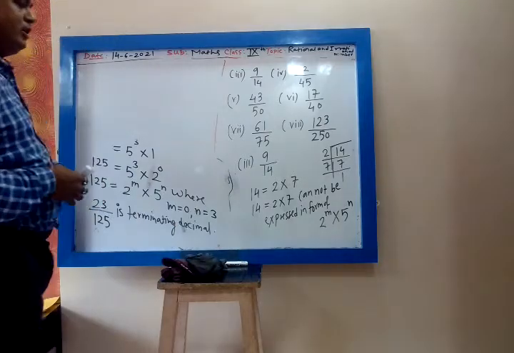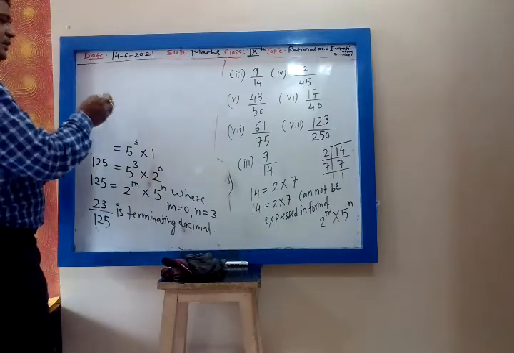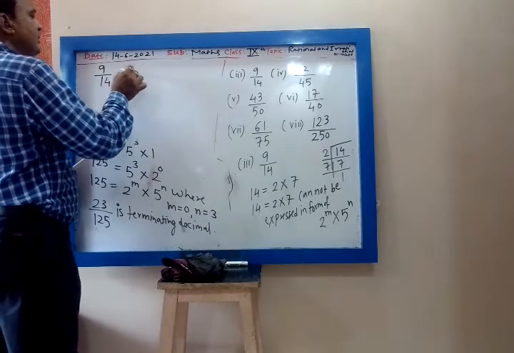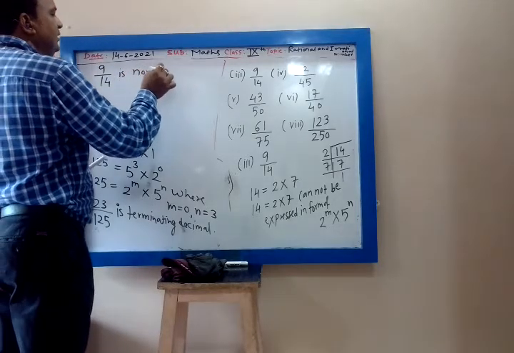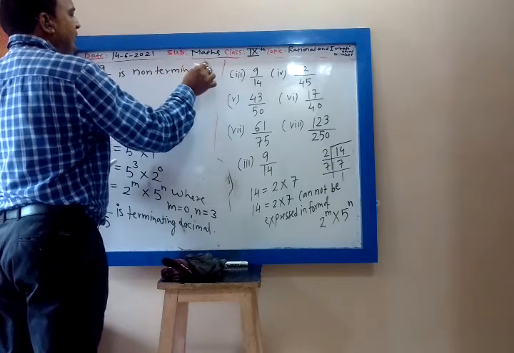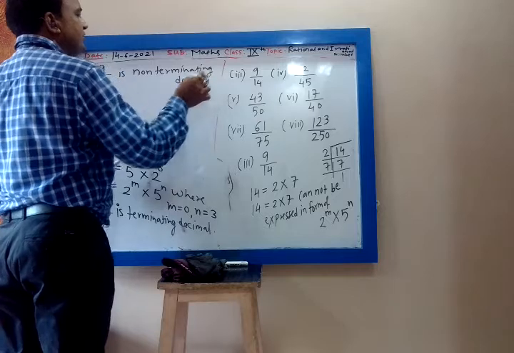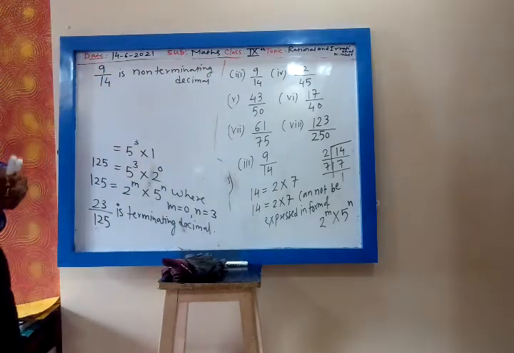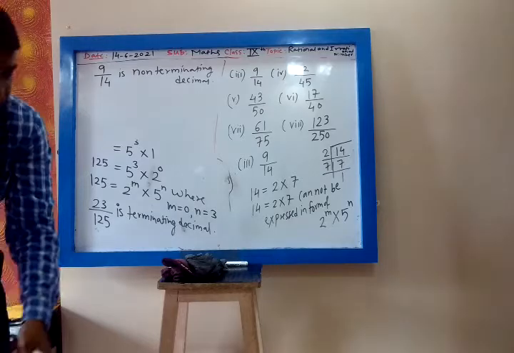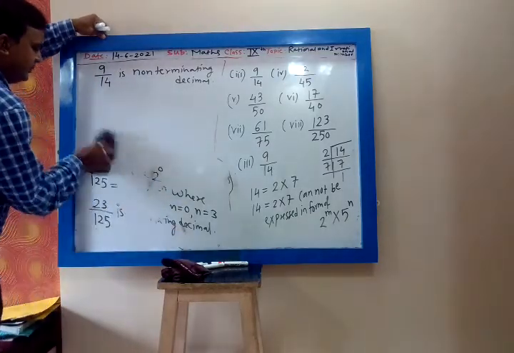Then 9 upon 14 is a non-terminating decimal. You can verify by doing actual division that the division never stops. But this result is sufficient: if the denominator cannot be expressed in that form, 2 raised to m into 5 raised to n, then it is a non-terminating decimal.